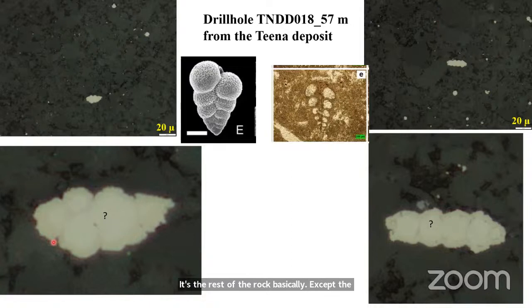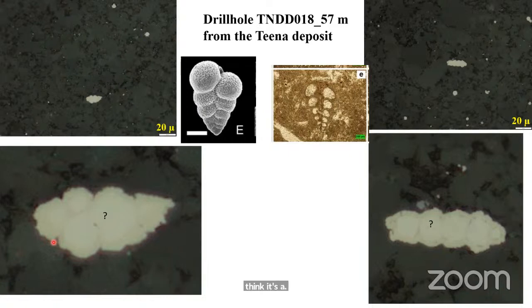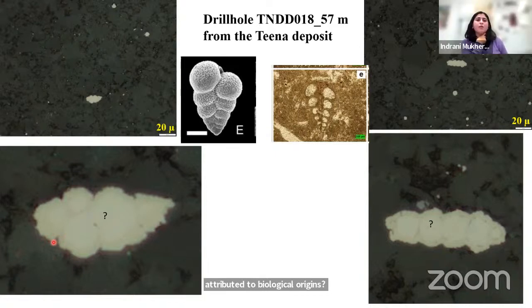So the next question was from Jan, and I think it might be a hard question to answer: is there a specific kind of signature that can unquestionably be attributed to biological origins? Well, yeah.